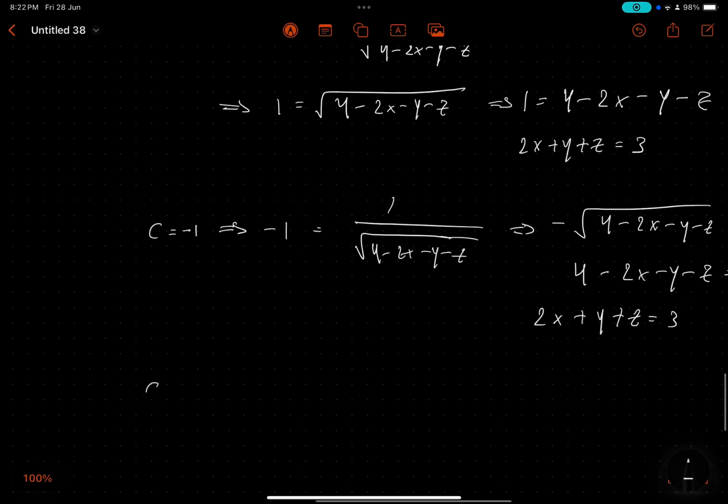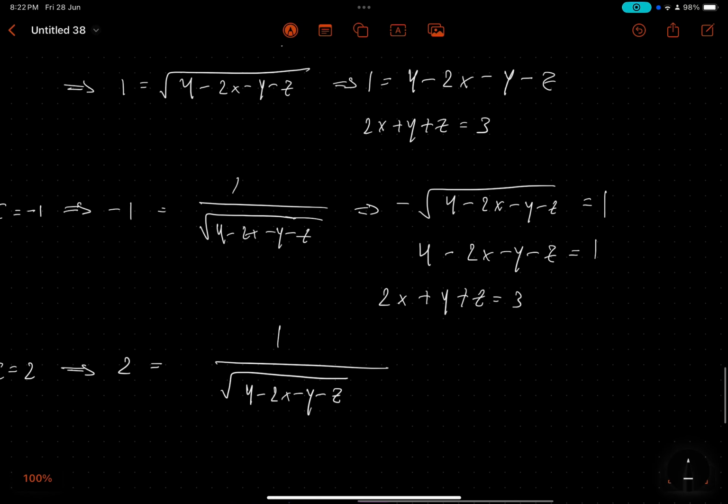Now let's try another value. c equals 2. 2 equals 1 over the square root of 4 minus 2x minus y minus z, which is going to give us the square root of 4 minus 2x minus y minus z equal to 1 over 2, because we move this way and then get 1 over 2 here.